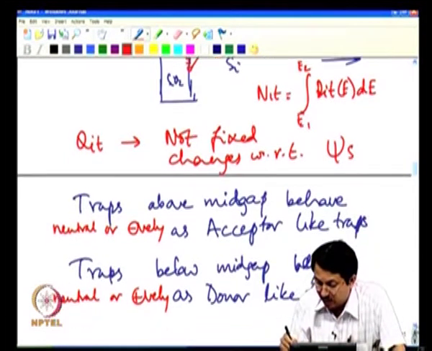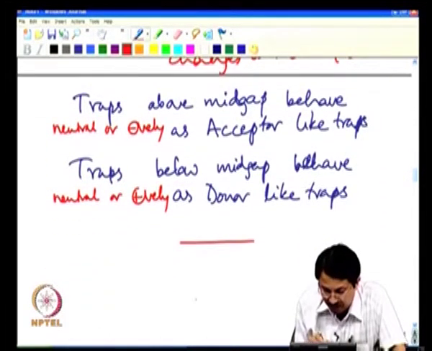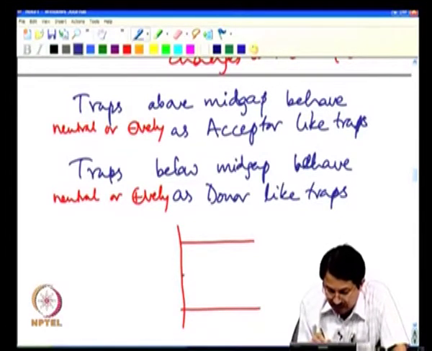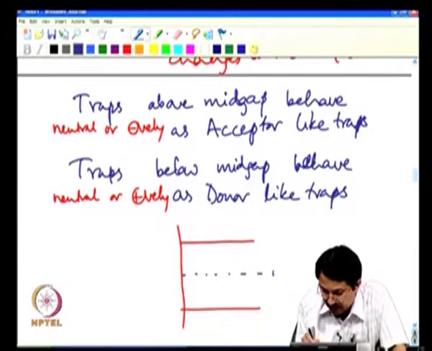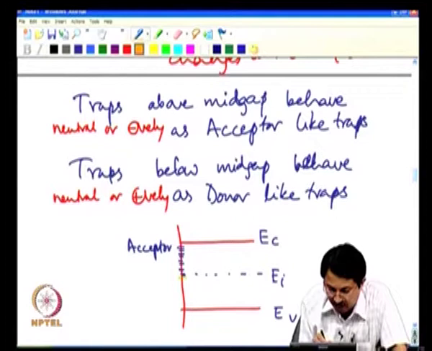So, if we again look at this band picture, let us consider this is EI, then this is EC, EV, and this is mid gap. We just said that all these above mid gap are acceptor like, and all these below mid gap are donor like.